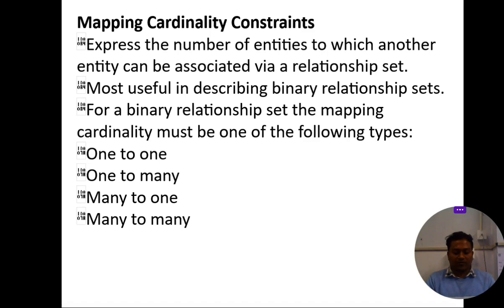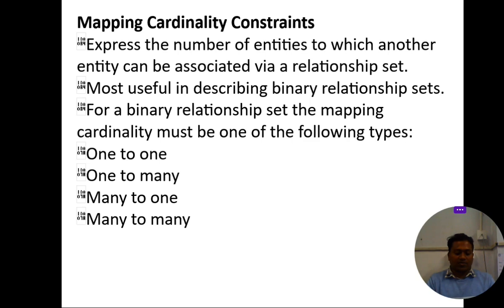Domain is the set of permitted values for each attribute. Attribute types are simple and composite attributes, and single-valued and multi-valued attributes. An example of a multi-valued attribute is phone numbers.